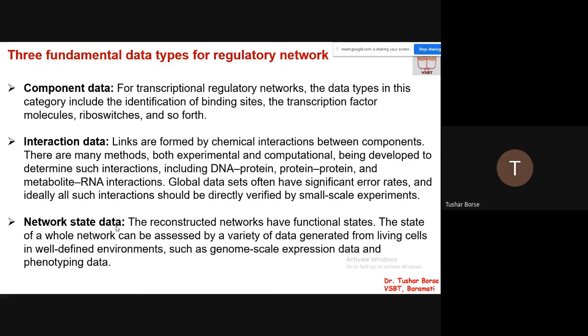That kind of information is nothing but the network state data. The state of a whole network can be assessed by a variety of data generated from living cells in well-defined environments, such as genome-scale expression data and phenotyping data. Right. So these are the three fundamental data types for regulatory networks, which you have to take into consideration.